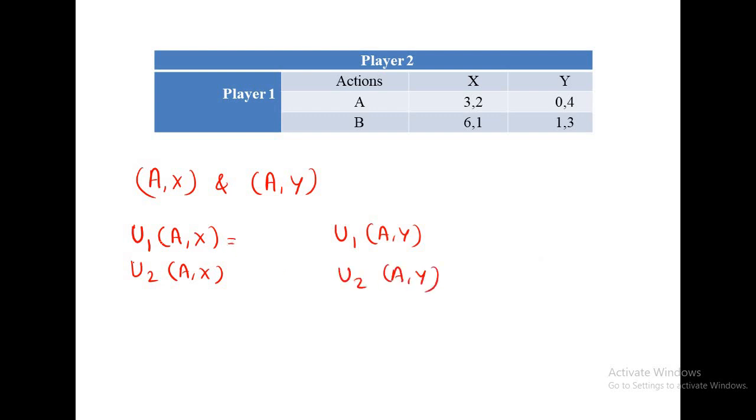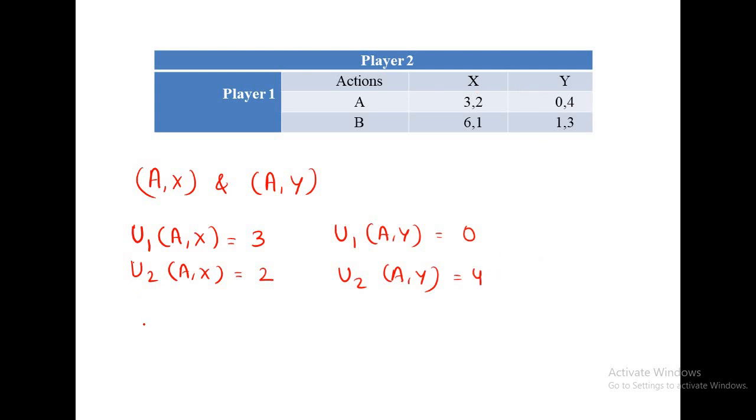What is U1 AX? U1 AX for player 1 is 3, and U2 AX for player 2 is 2. Now U1 AY is 0 and U2 AY is 4.